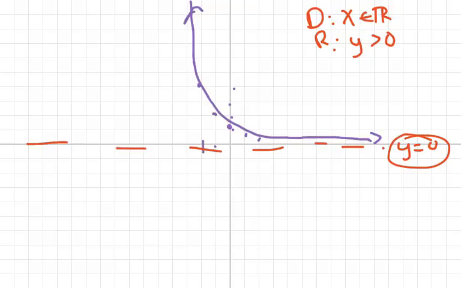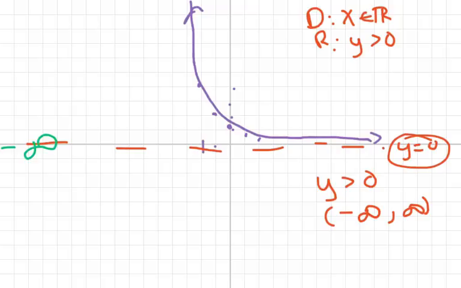Y is positive in quadrant 2 here. So y is positive from -infinity to infinity. It's not negative. There's no negatives in quadrant 3 or quadrant 4 for y, because y is positive in quadrant 1 and 2.